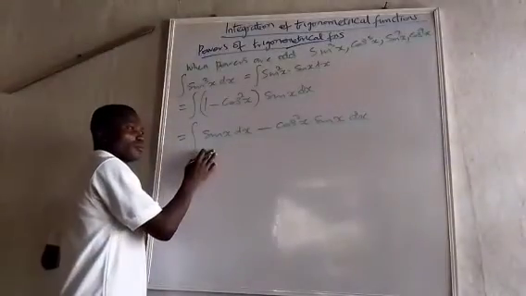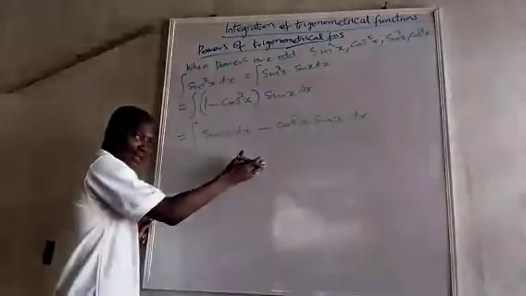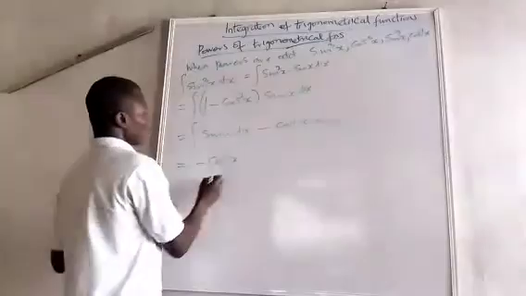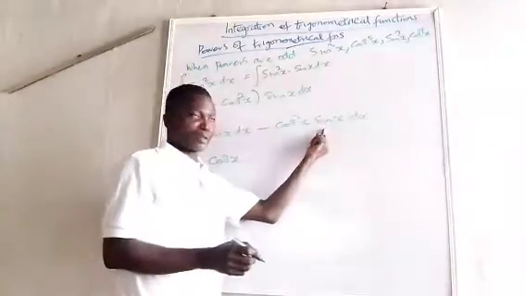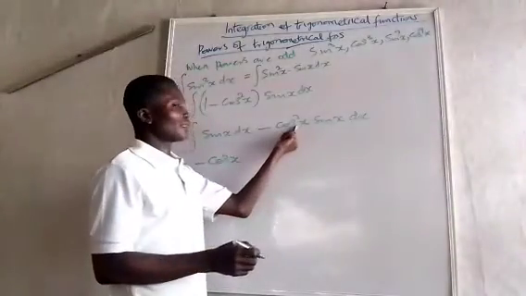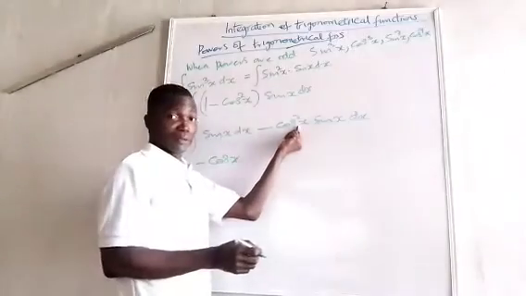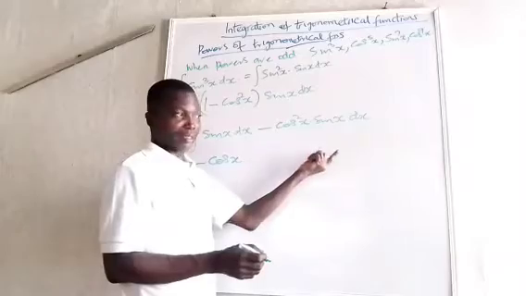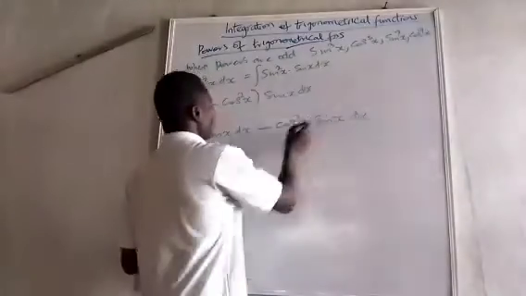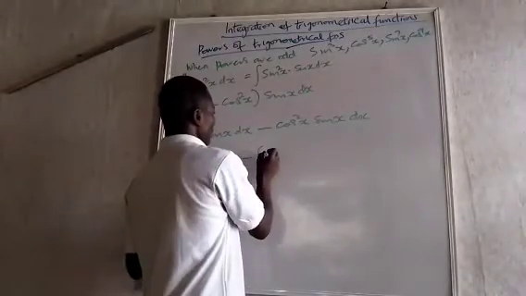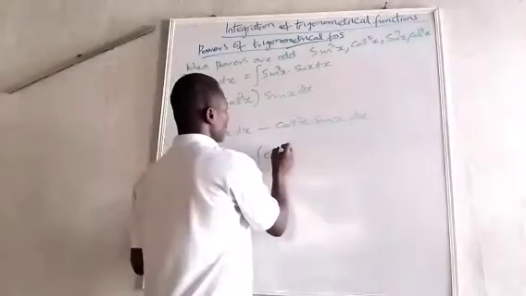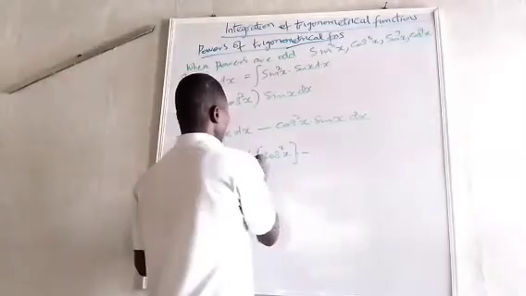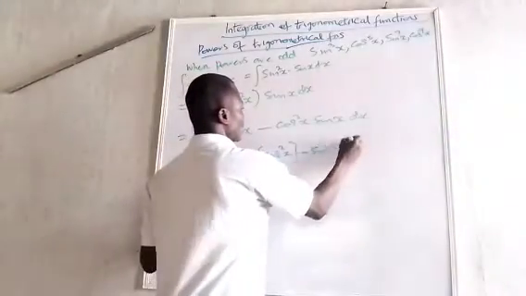So when you integrate sine x, it's going to give you minus cos x. You can see this one now is like a derivative of cos x, minus cos x. You understand now? So you can say minus cos square x dot minus sine x dx.